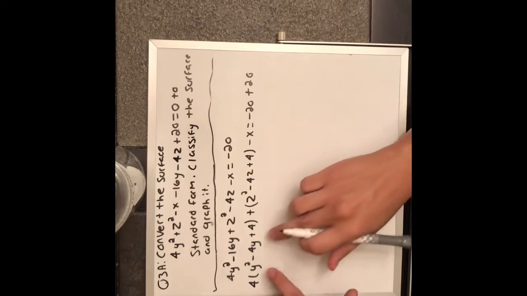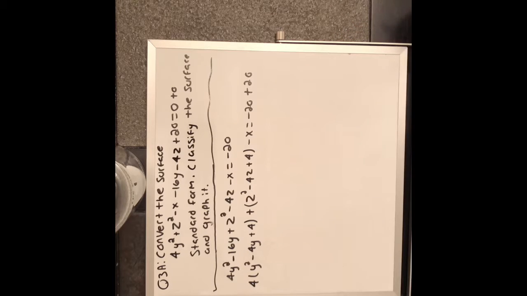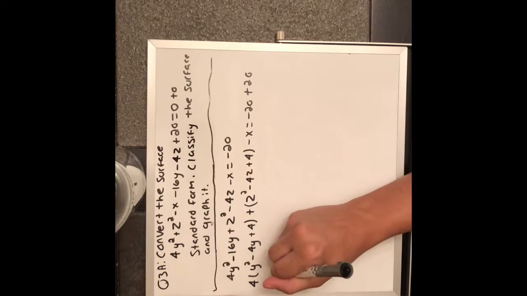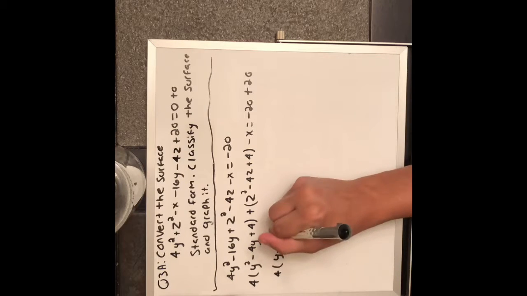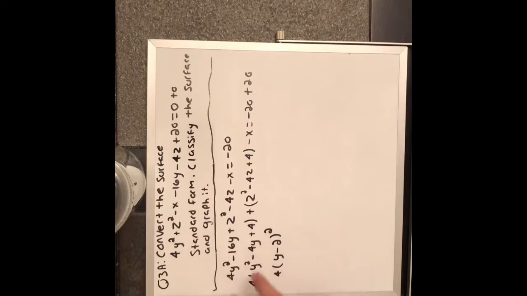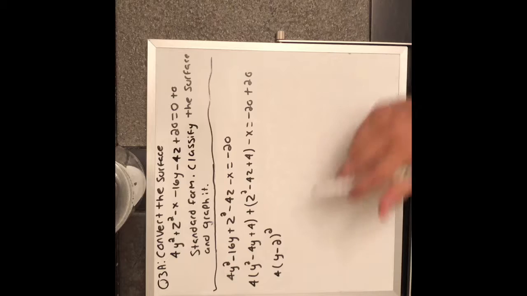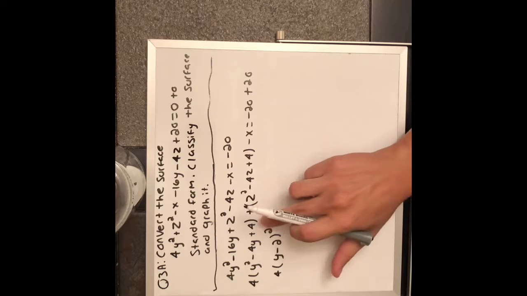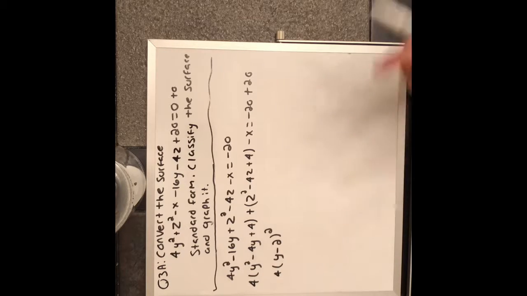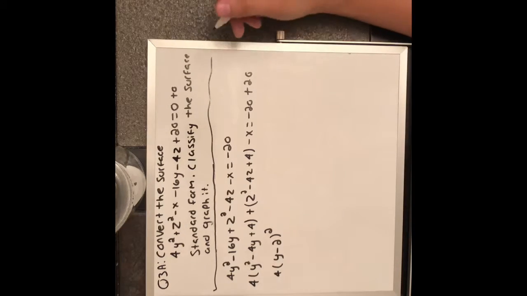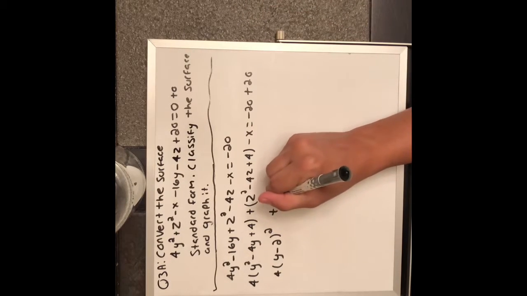So now we want to factor these out. This is why we decided to complete the square, so we can have a nice factorization. So here we get 4 times y minus 2 squared, right? Because if we factor this out, y minus 2 squared gives y squared minus 4y plus 4.